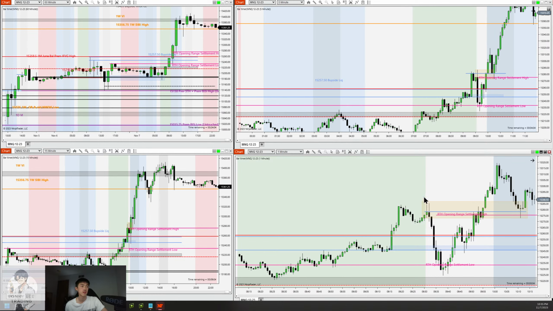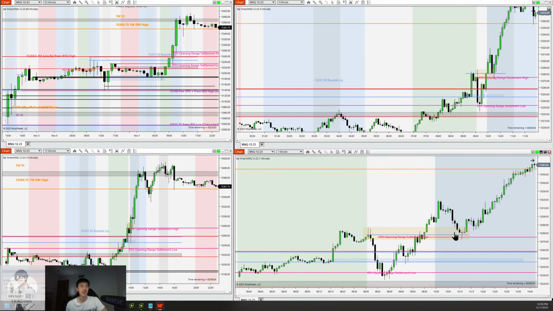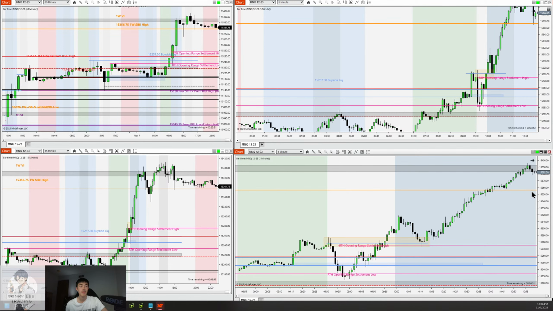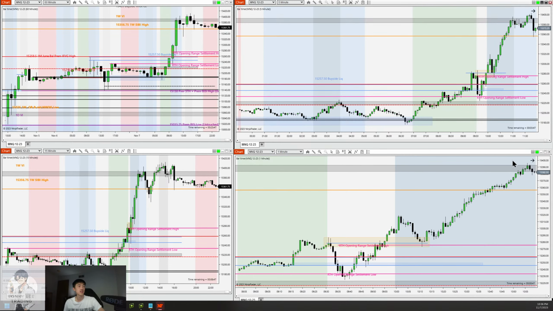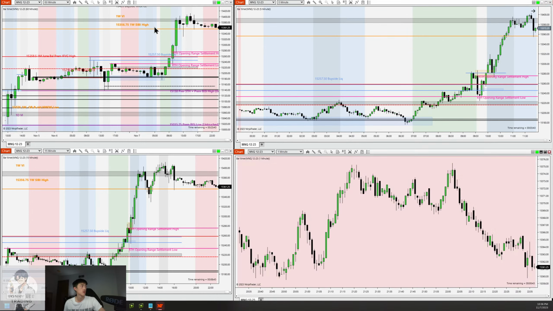So it jacks down from there, takes out liquidity, jumps up, takes out liquidity, jumps back down, takes out liquidity, and then heads back up to our terminus. That is a surprisingly clean play, but it is very difficult to do considering that we've been rising so much throughout the day.